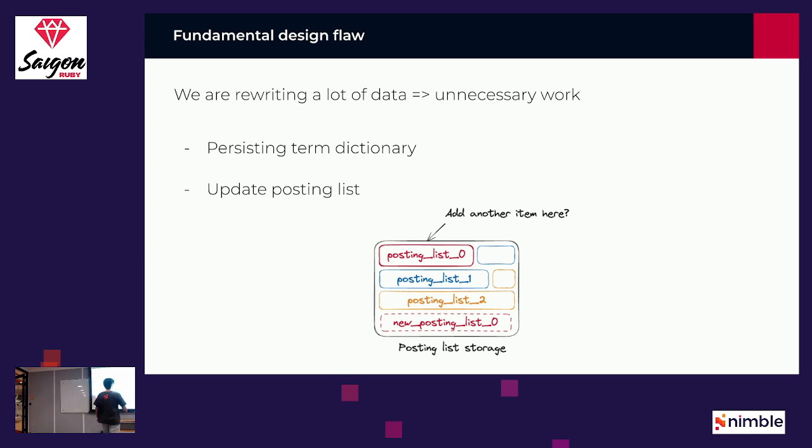So the way to do it is I take it out, add a new document, and then persist it back or append it back as a new one, and then just forget about the old one. Ignore its existence. But obviously, if your posting list is really big, you still end up rewriting a lot of data.